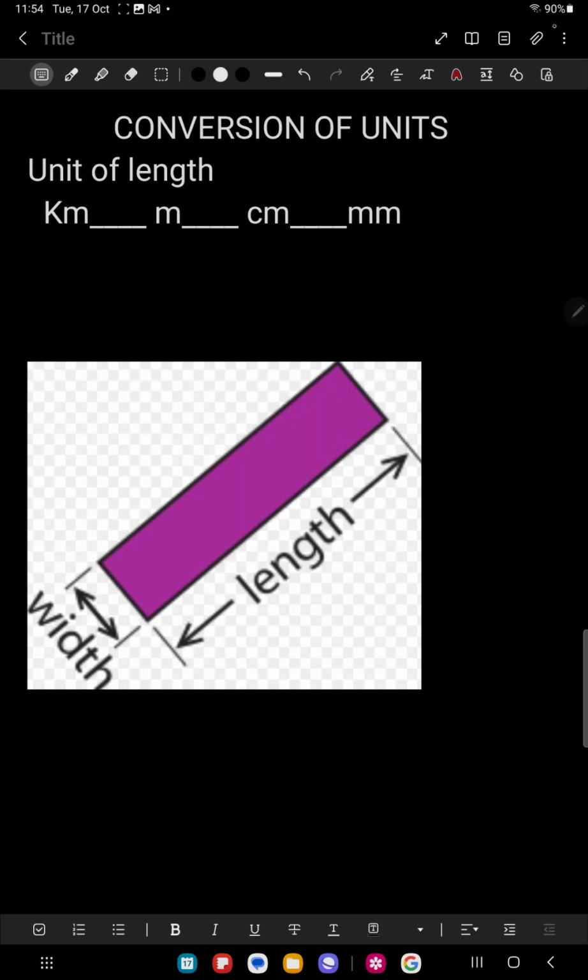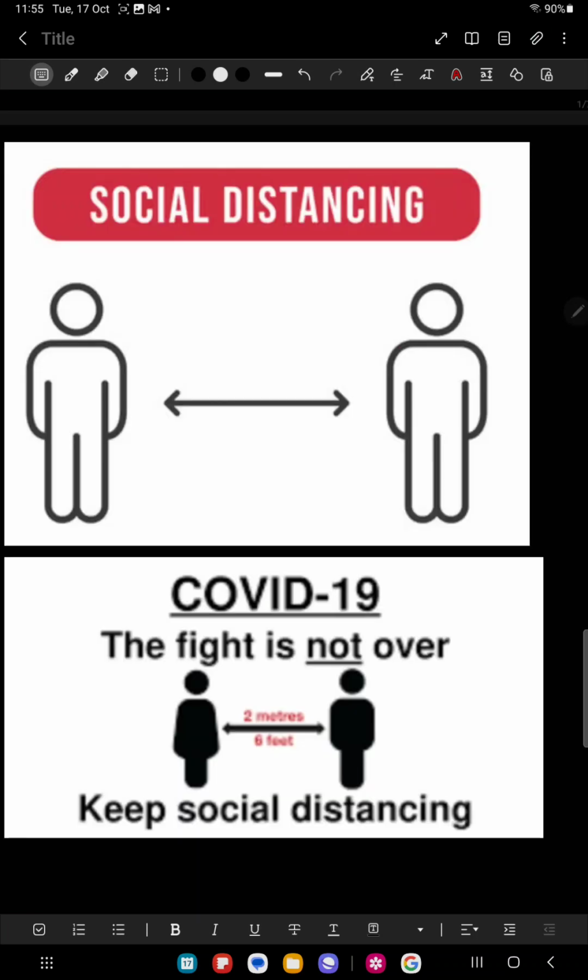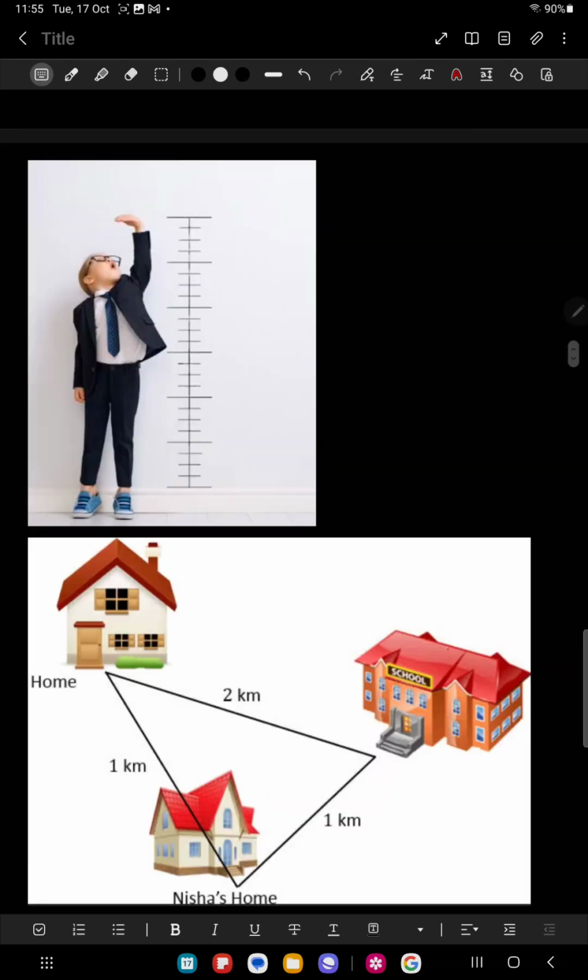For instance, we have the distance between two people. This is the social distance the two people are keeping. We can measure in meters, or we can also measure in feet. In the same way, while measuring the height of a person, we can measure in inches or feet.